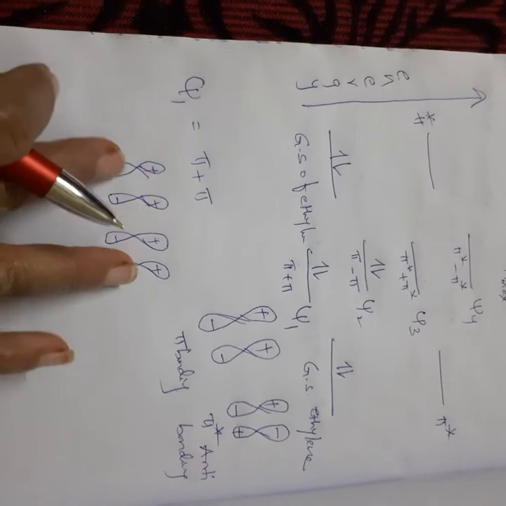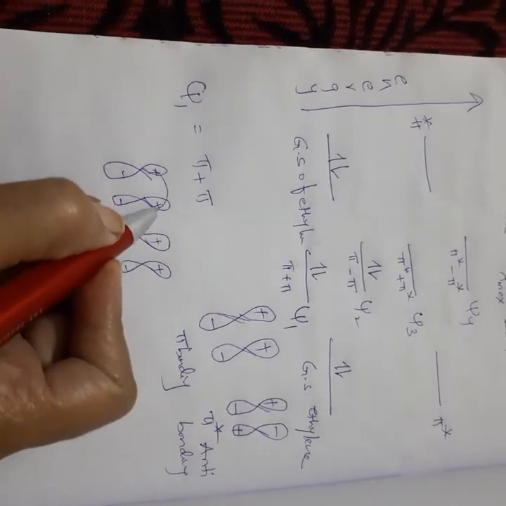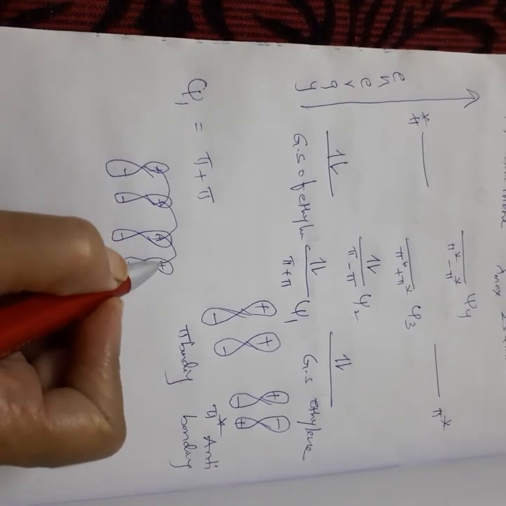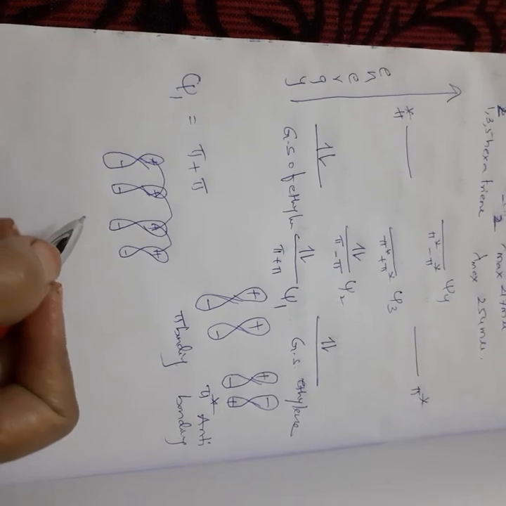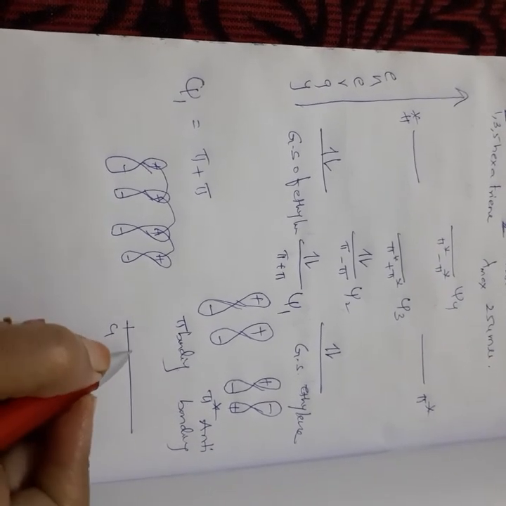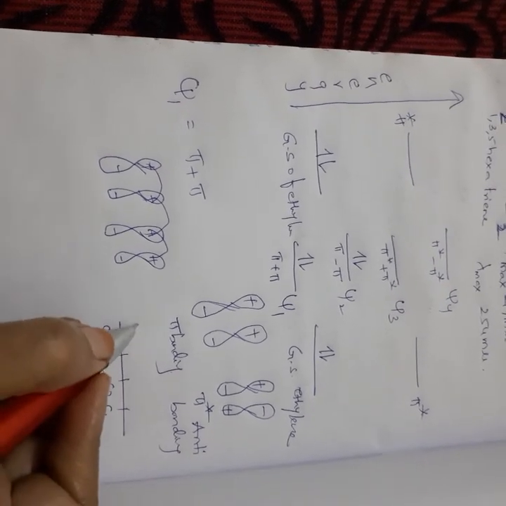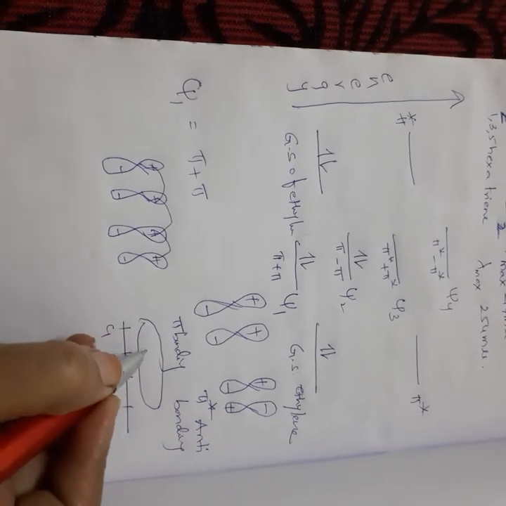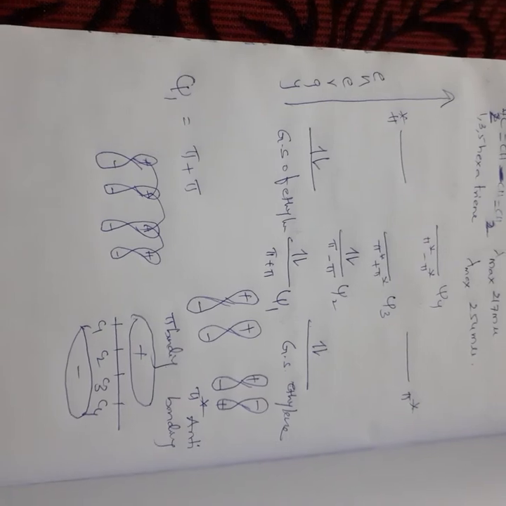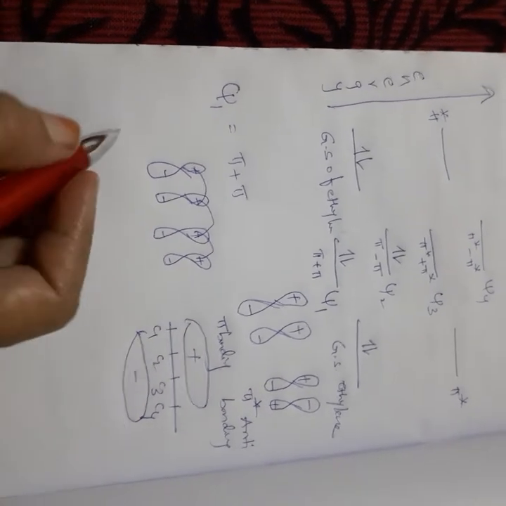Now when these two ethylenes are combined, these two are ready to make a bond, and these two are ready to make a bond, and these two are ready to make a bond. If you observe, this is C1, C2, C3, C4. Happily these are mixed together, ready to make a bond, which says that there is no nodal plane.